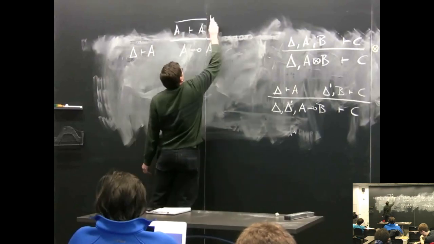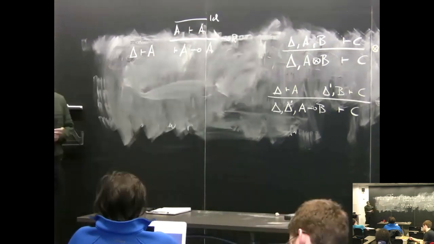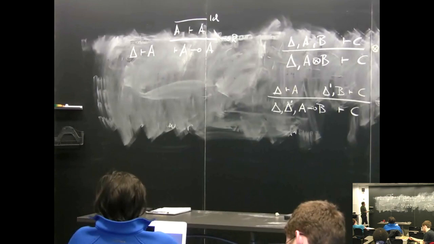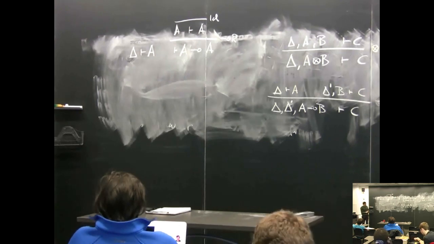And that's the right rule. But we're caught in a circle, because I need to somehow use that fact in context. If I had that, then I could use implication left. But we don't have that. So you can't replace the cut rule with an easy use of these other two rules.